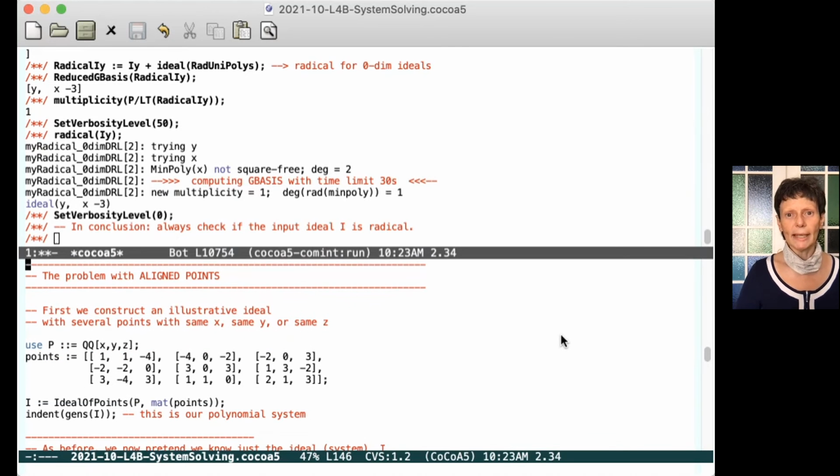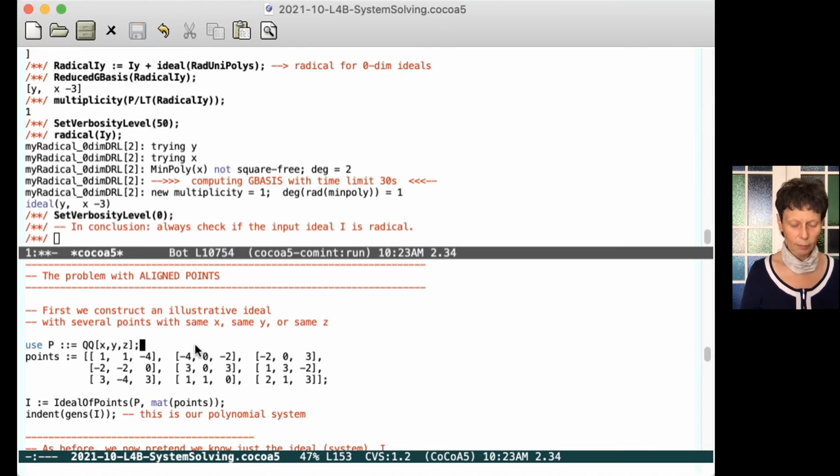Okay, we may have other problems, and the other problems are aligned points. So think of putting points in a grid. If they're in a grid, they share the same x or the same y. So let's construct an example where several points share the same coordinates.